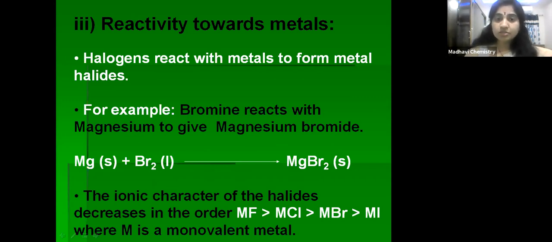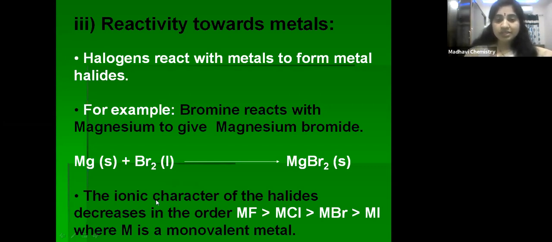These metal halides have ionic nature, because the metal forms a positively charged ion and the halogen forms a negatively charged ion. So there will be an electrostatic force of attraction between these two ions. That's why these metal halides are ionic in nature.